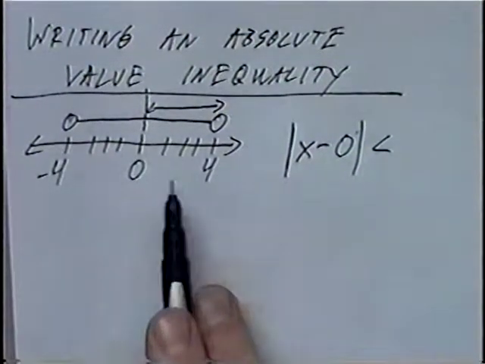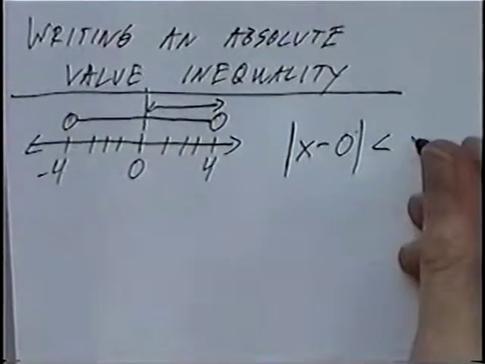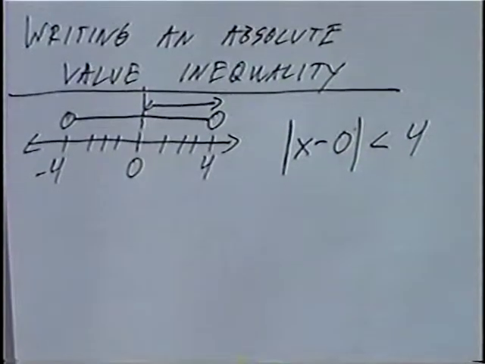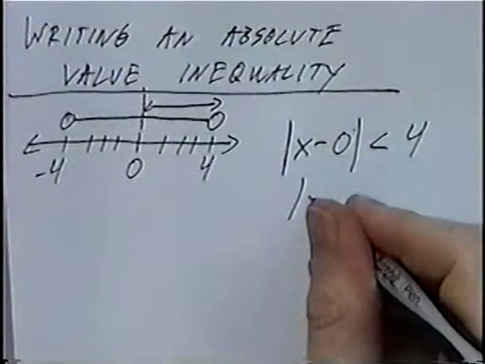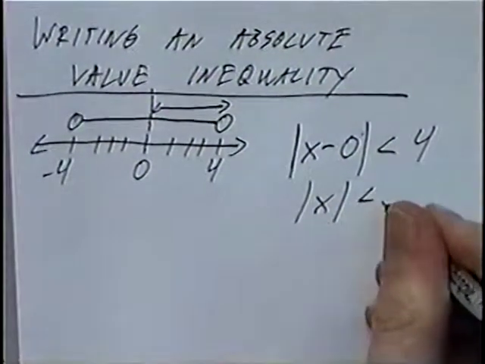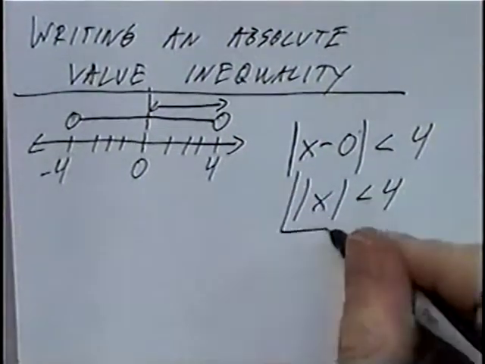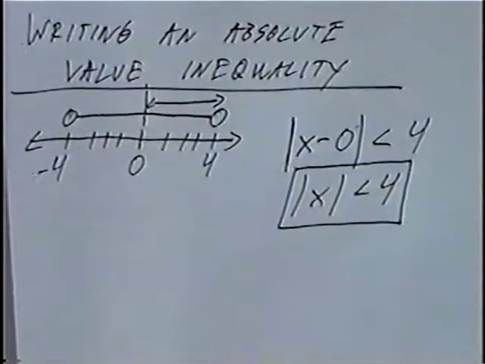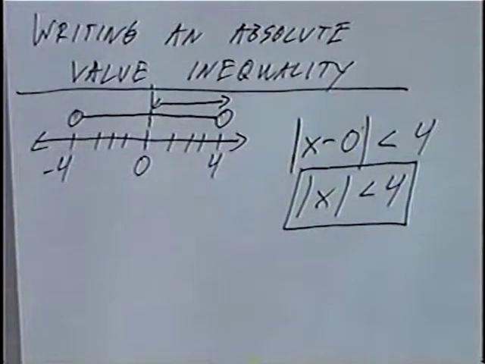So from 0 to 4, that is a distance of 4, so it will be less than 4. Simplifying this, x minus 0 would just be x, and our final answer would be the absolute value of x is less than 4. Second question, and last question for the section.